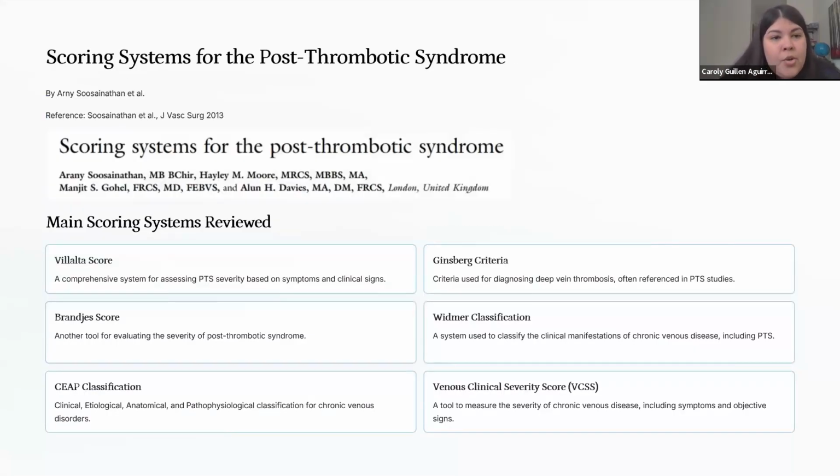There was a study on scoring systems for post-thrombotic syndrome that reviewed the main scoring systems I just mentioned. They also evaluated the SIP and the VCSS.